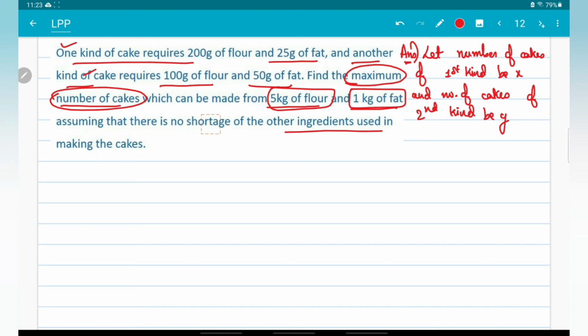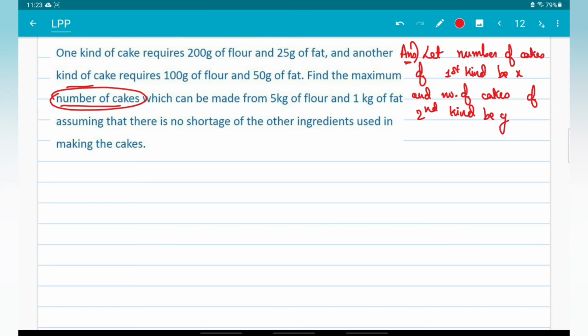So these two different kinds of cakes are our two unknown quantities over here.